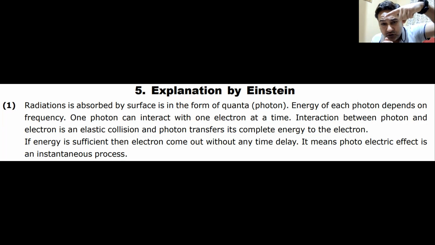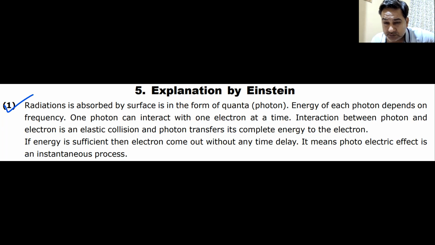And this photon must have sufficient energy to liberate this electron. It must have energy more than the work function. It must have frequency more than the threshold frequency. It must have wavelength less than the threshold wavelength. It strikes, it transfers energy instantaneously, and the electron is liberated. Do we understand this? Yes, sir.